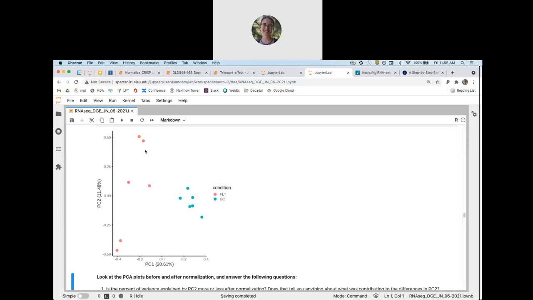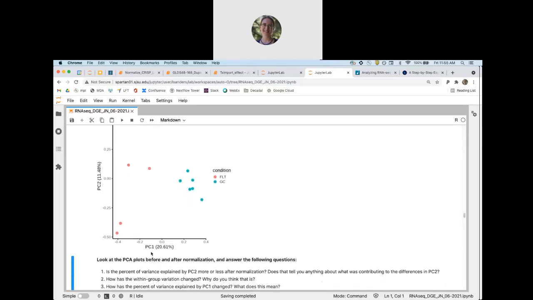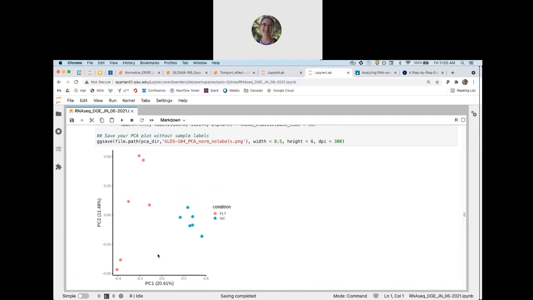We're not sure why that is, but if we're talking about seeing increased biological signal after normalization, it's possible to hypothesize that some of this tighter structure here may be due to biological signal coming through. But again, we're not sure. These are hypotheses we can generate based on the PCA plot and then investigate later.